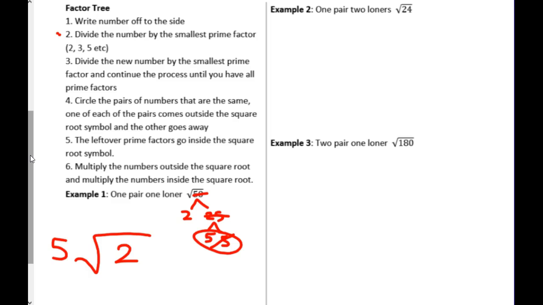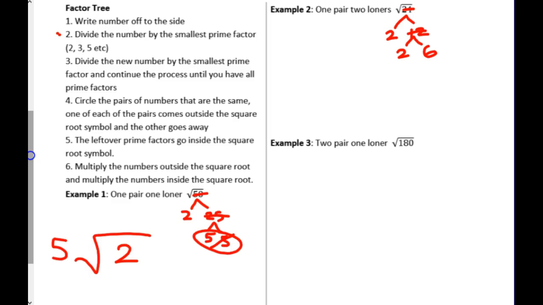Factor tree. So, start with 2. Does 2 go into 24? 2 times 12. Okay? And does anything go into 12? Sorry, before I move on, what do I need to do? Goodbye, 24. All right, 12. Does 2 go into 12? Yep. 2 times 6. 12 is gone.